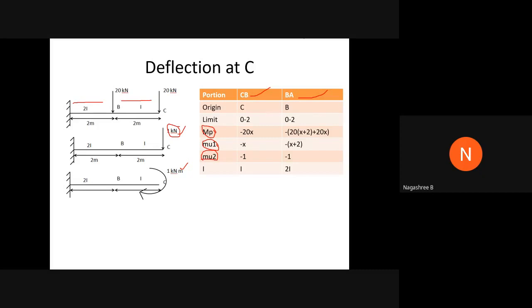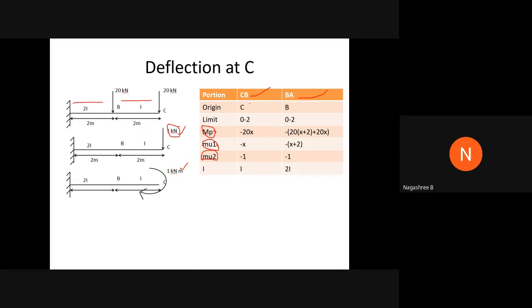Because the deflection is due to the integral effect of both 20 kilonewton loads. It is not only due to one 20 kilonewton load, because two are present. So we must consider the second 20 kilonewton also for computing the MP value.